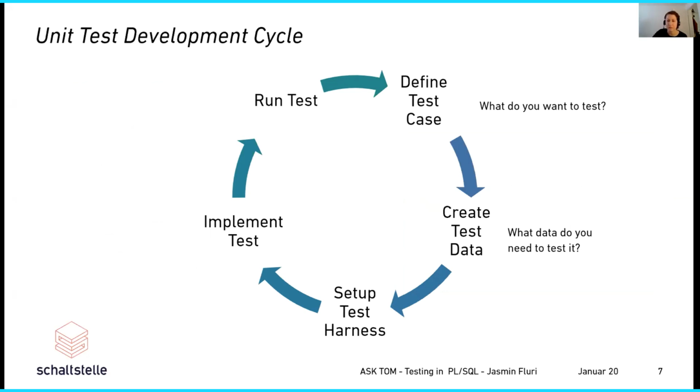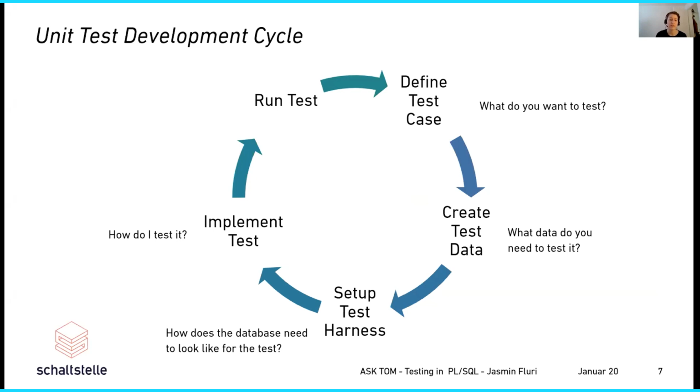Maybe we need to fill some tables with data. Then we set up the test harness. A test harness I call the before and after statements, everything that's around our test. So how does the database need to look for the test is the question here.